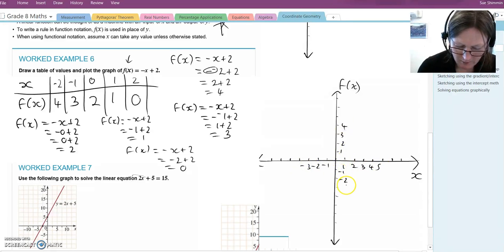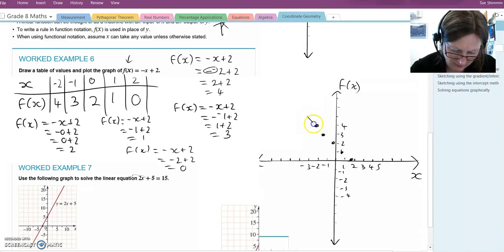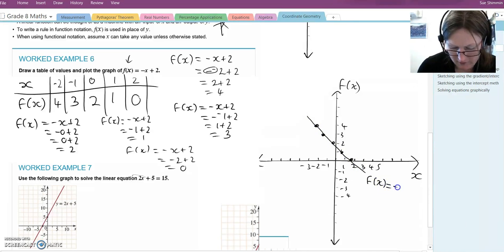And just like we did in the previous example, we'll plot the points: negative 2, 4; negative 1, 3; 0, 2; 1, 1; and 2, 0. So I've plotted those points and drawn them to form a straight line, and we label that. So that's the function f(x) equals negative x plus 2.